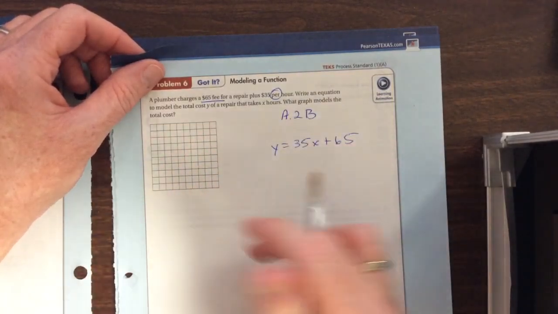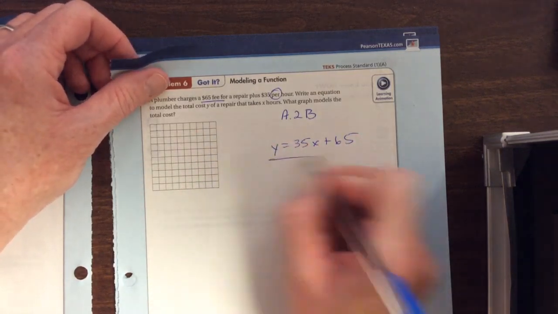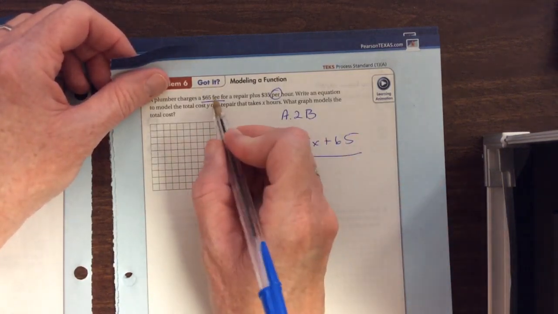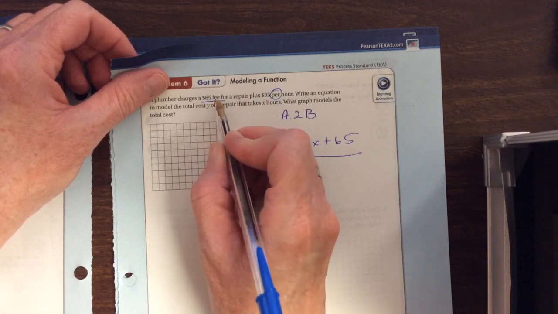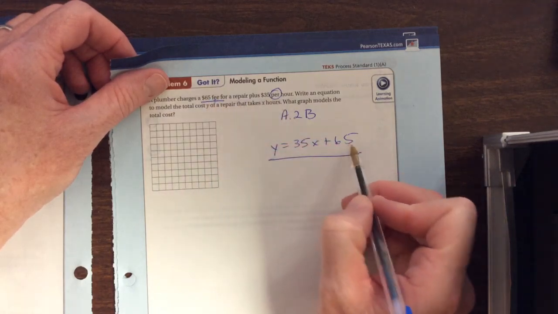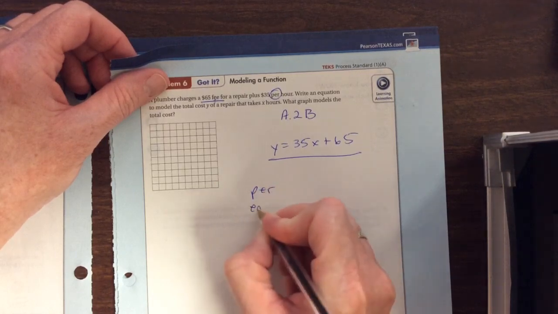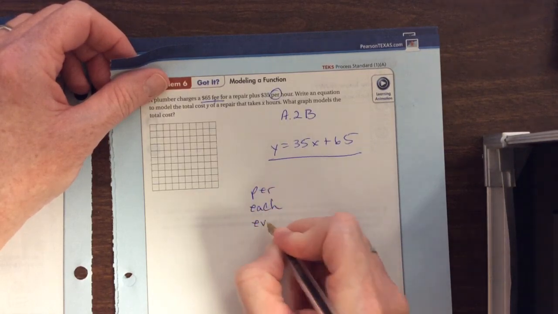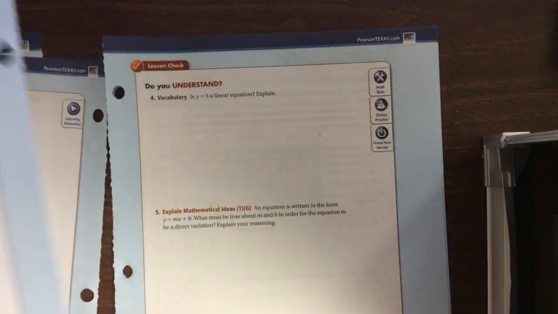I'm not going to model it here because these are too big for this little graph. But this is how you write your equation. A fee, an initial cost, an initial fee, a starting point, a beginning number is your y-intercept. Per each and every, identify your slope.